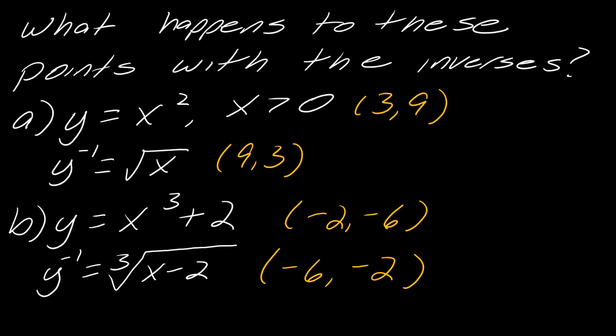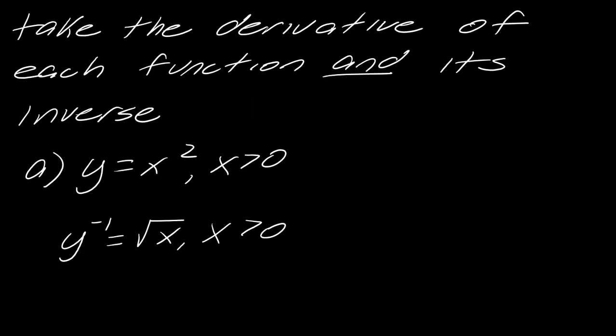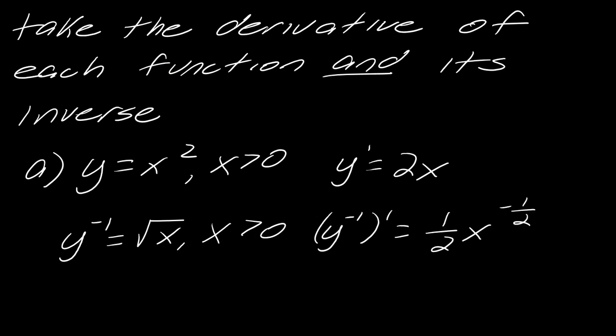Okay, moving on. I now want to take the derivative of each function and its inverse. The derivative of x squared, that one's nice and easy, right? That's just 2x. And then taking the derivative of my inverse, the square root of x, this is going to come out to 1/2 x to the -1/2, and we'll reformat that in a second.